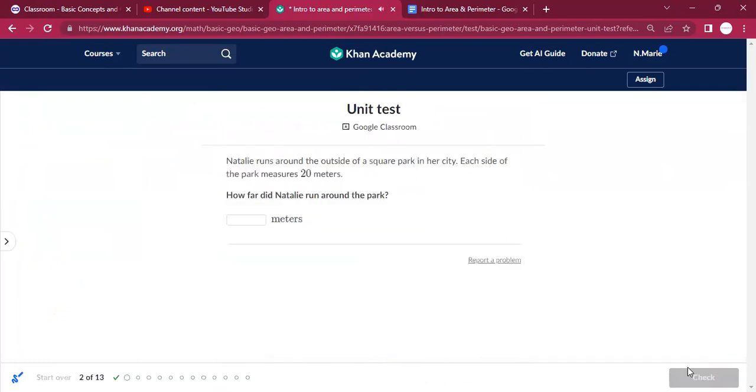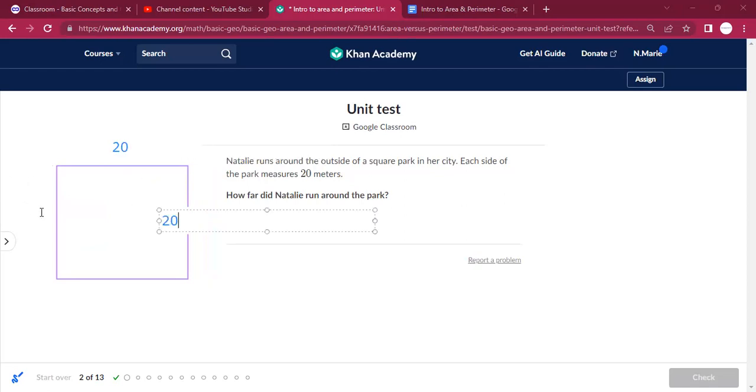They're different. Natalie runs around the outside of a park. Each side of the park measures 20 meters. So the outside of the park would be perimeter, right? If we had a park that looked like this, and each side was 20, 20, 20, 20, then we would do 20 times 4.